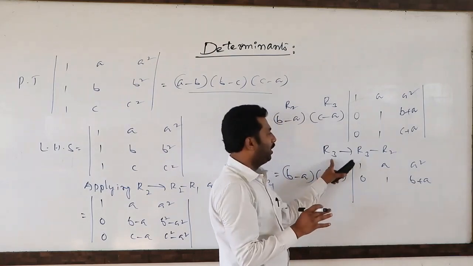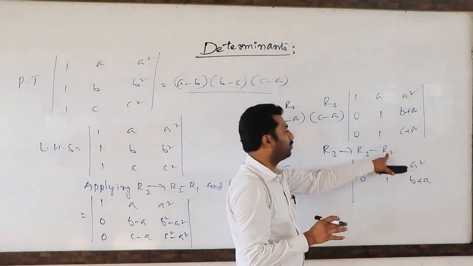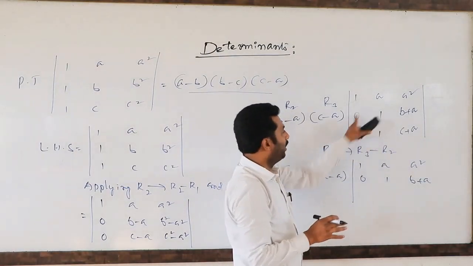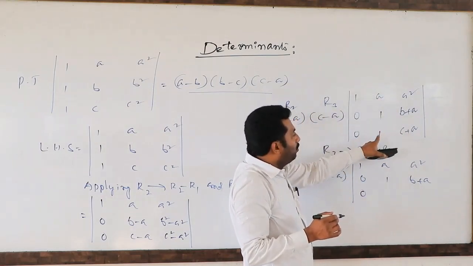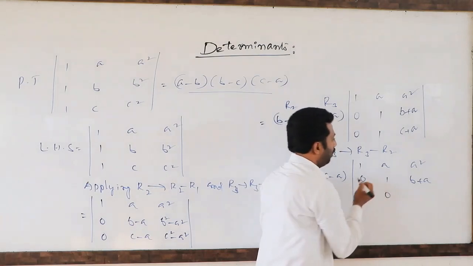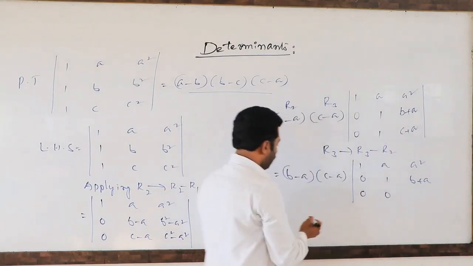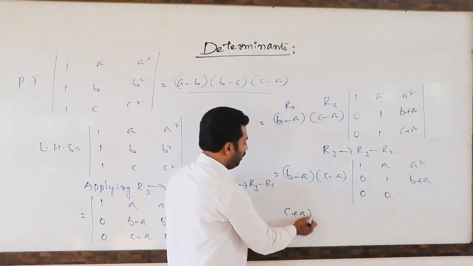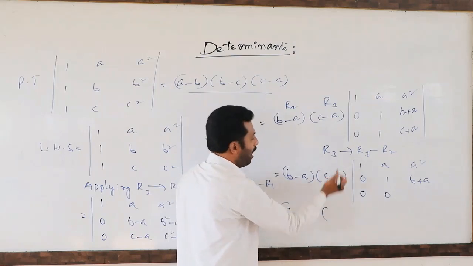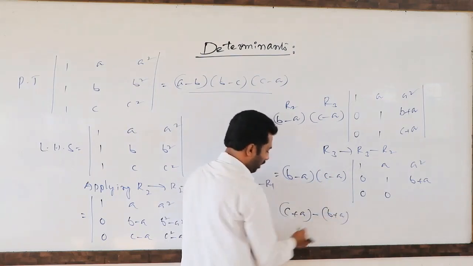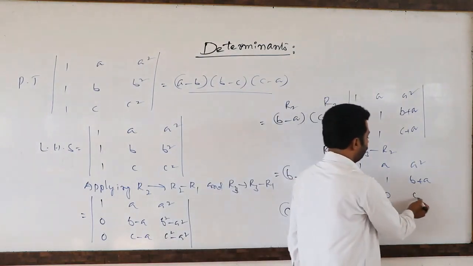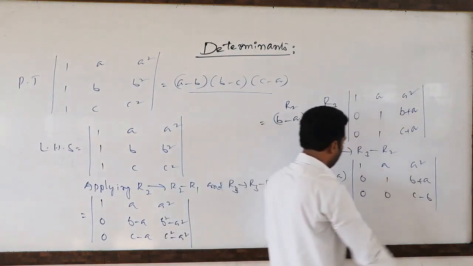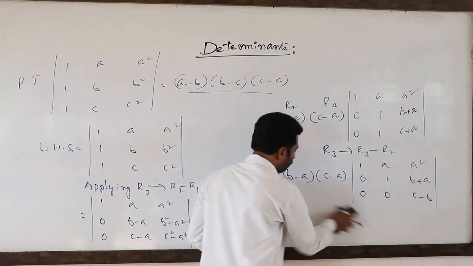Only the third row changes: 0 minus 0 is 0, 1 minus 1 is 0, and c plus a minus (b plus a) gives c minus b, as a cancels.